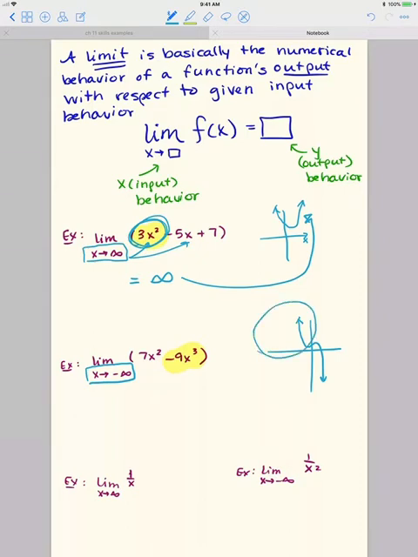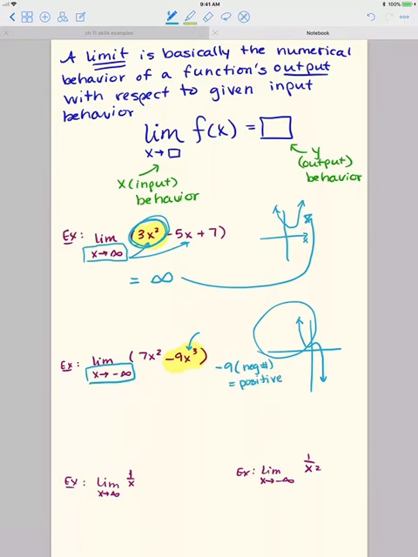So, like x is -3, the next is -15, the next is -1,000, the next is -2,756,212. As x gets very large in the negative sense, what happens when you plug it into that function? Well, if you cube a negative, it's still negative. And if you do a -9 times a negative number, it's going to be positive.